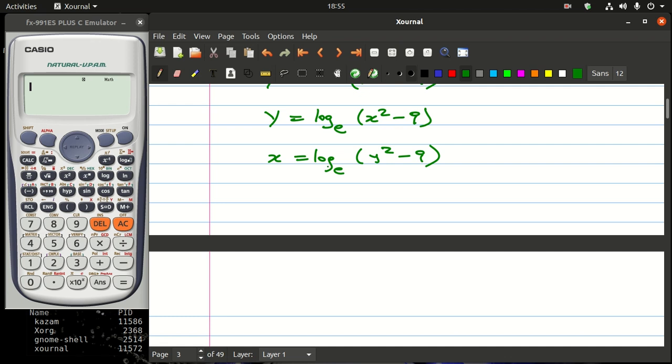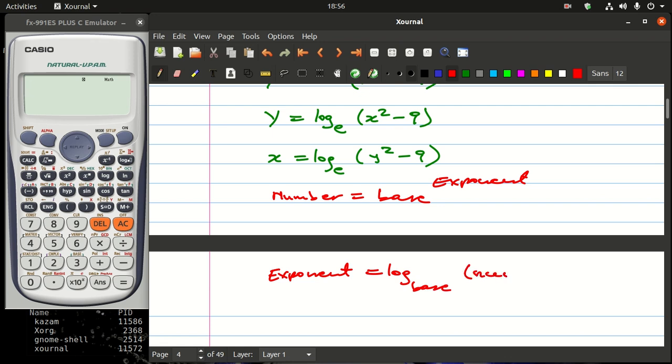Now that I have this nice equation here, I want to make y the subject of the formula. In order for me to do that, I need to realize one thing. Whenever I have a number equal to the base raised to an exponent, this is the same as saying that the exponent is equal to a log base a of the number.